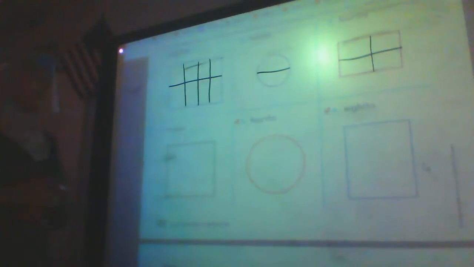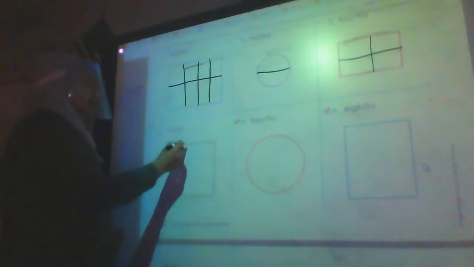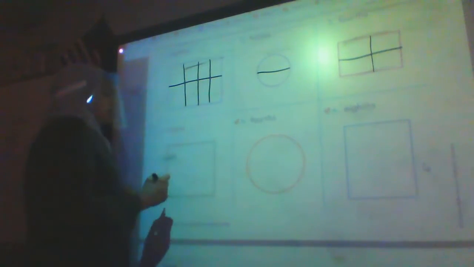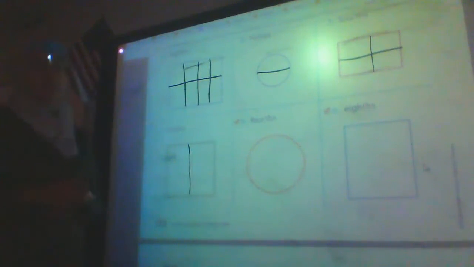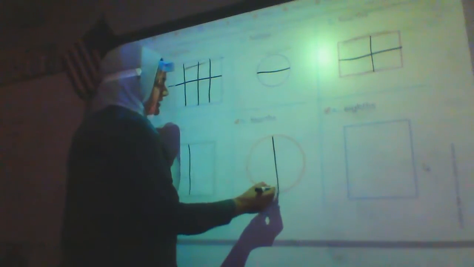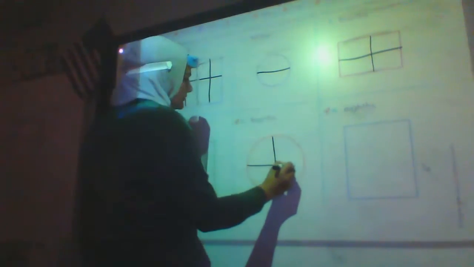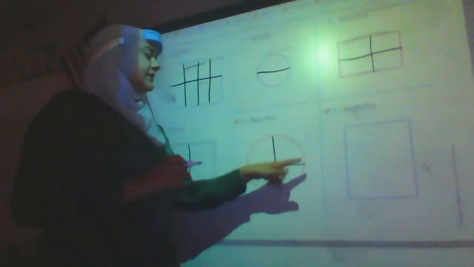It's not going to be perfect, but that's okay. We're trying. Number 4, halves. You can either cut it this way or this way, whatever you want, as long as it's cut into 2 equal parts. I'm going to cut it this way. Number 5, cutting it into fourths. That means 4 equal parts. You draw a line vertically and a line horizontally.